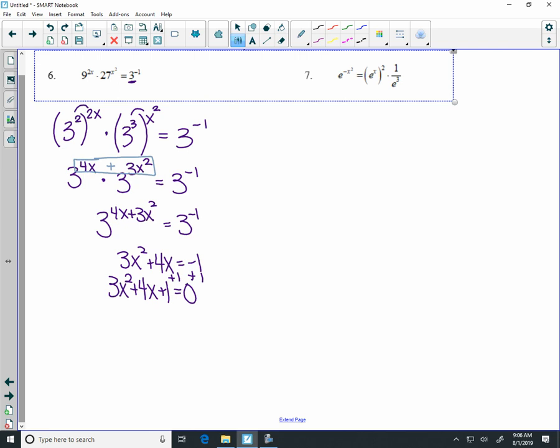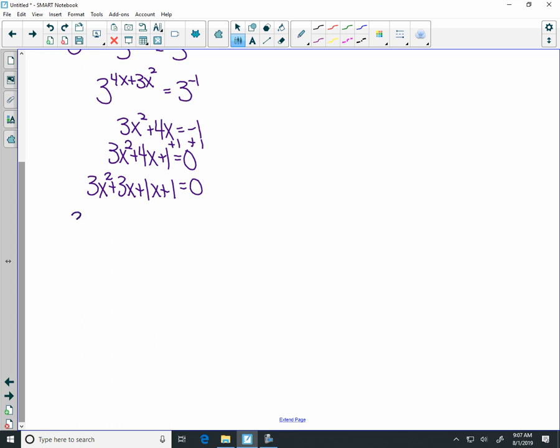Positive 1, that's why we show our steps. 3 times 1 is 3. Two numbers that multiply to 3 and add to 4 are 3 and 1. I'm splitting the middle here since I have that leading coefficient. My first two terms have 3x in common. My next two terms have 1 in common.